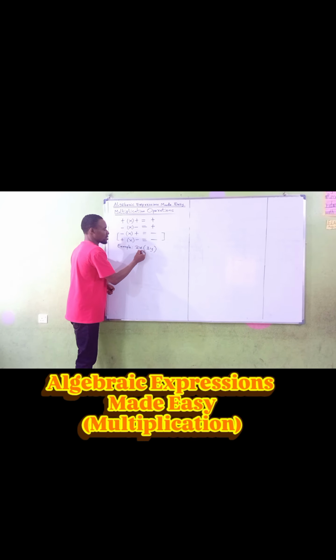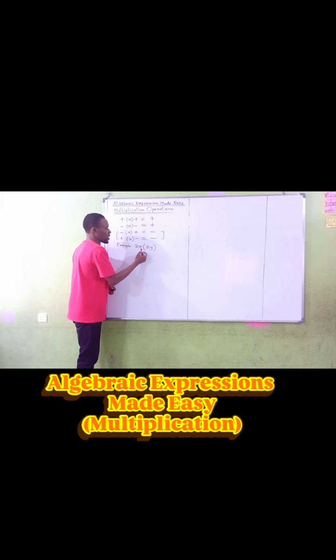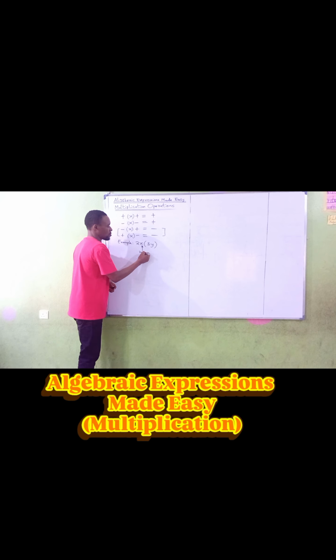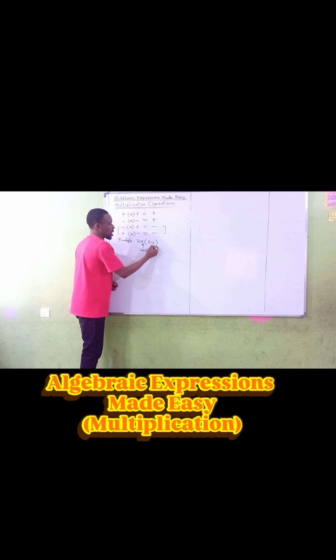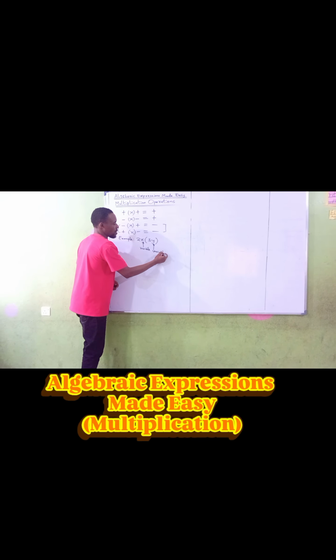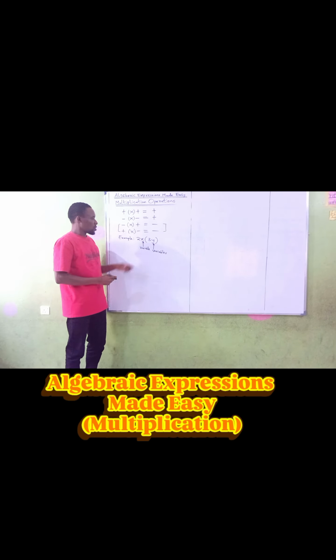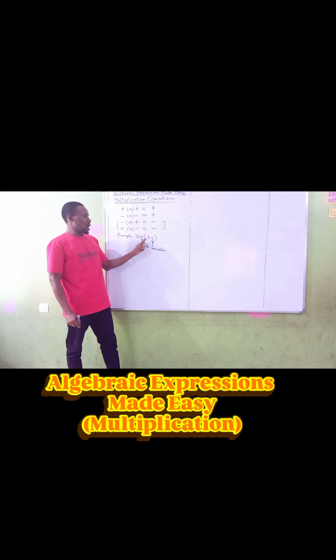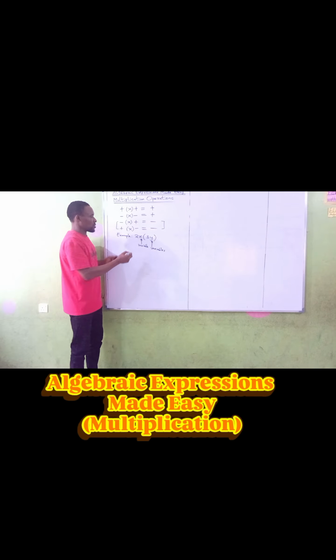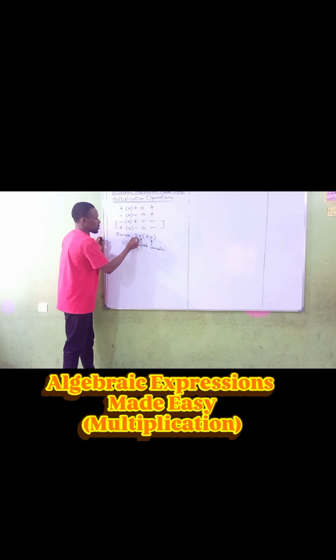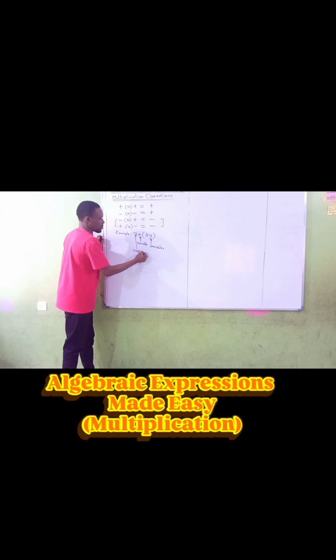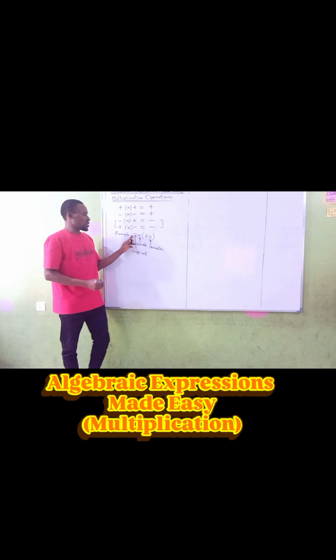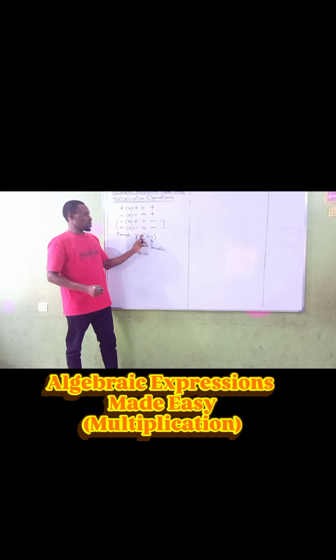We have the x variable and the y variable. The numbers attached to them, these 2 and 3, are called the coefficients. So 2 here is the coefficient of x, and 3 here is the coefficient of y.